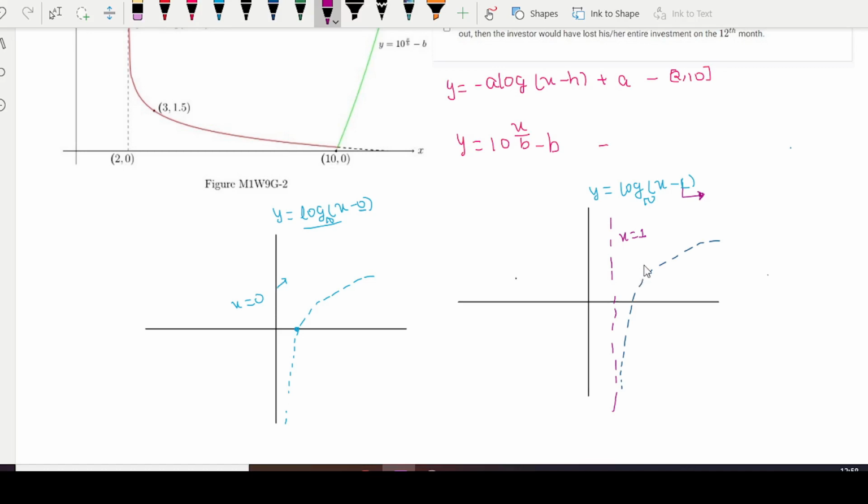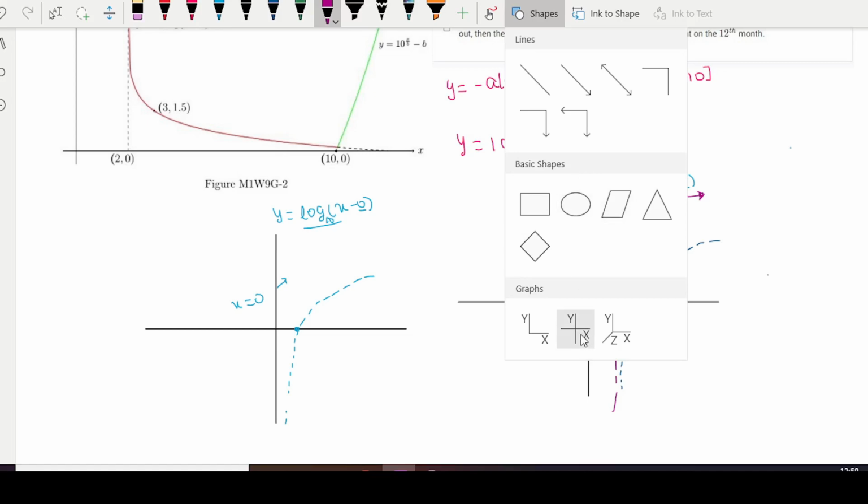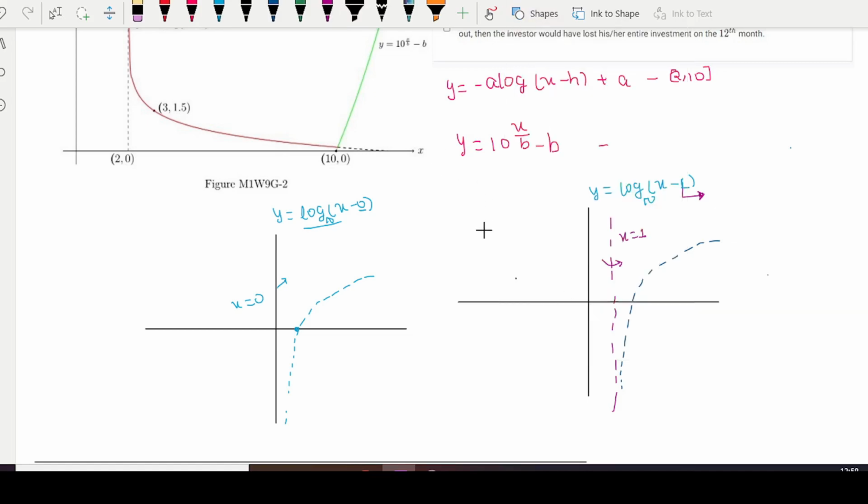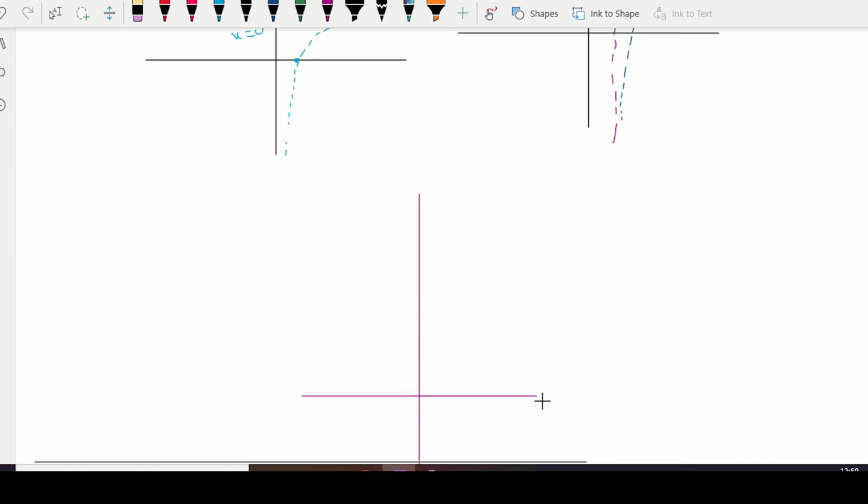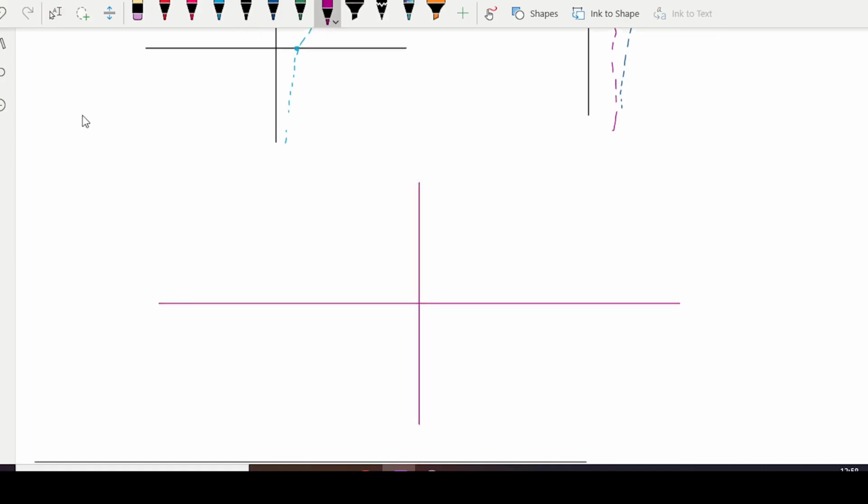When we substitute this value, the graph shifts 1 unit towards the right, and the asymptote shifts towards the right as well. And when we take its mirror image, the graph will convert itself. Let me draw another one. So we want to draw minus of log base 10 of x minus 1.